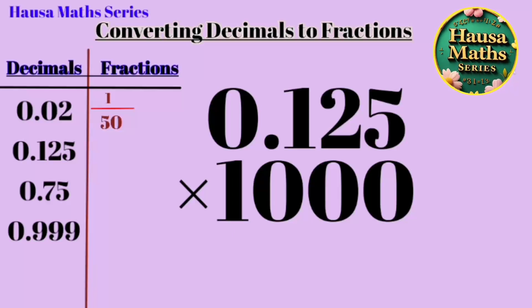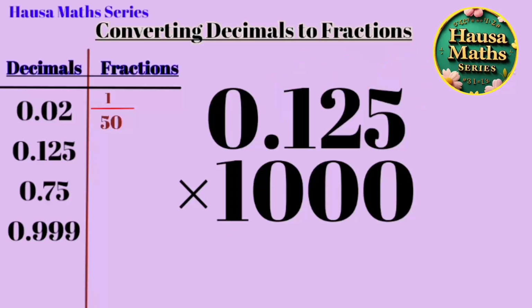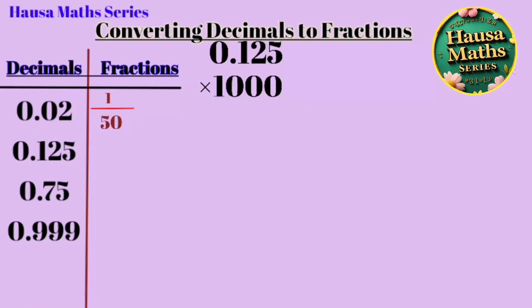So when we multiply 0.125 by 1000, it will be exactly 125. Always when you multiply by a number, you are going to divide by it again. So we are moving this point 1, 2, 3 spaces so that it will be 125.